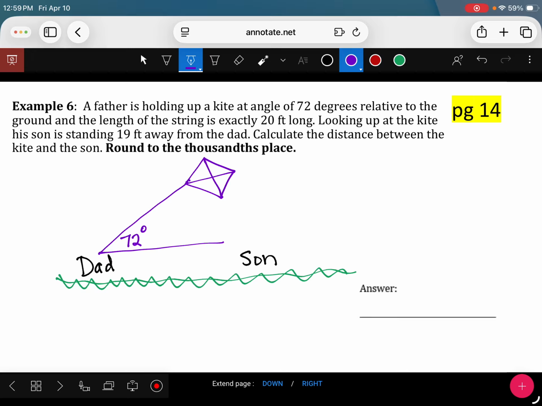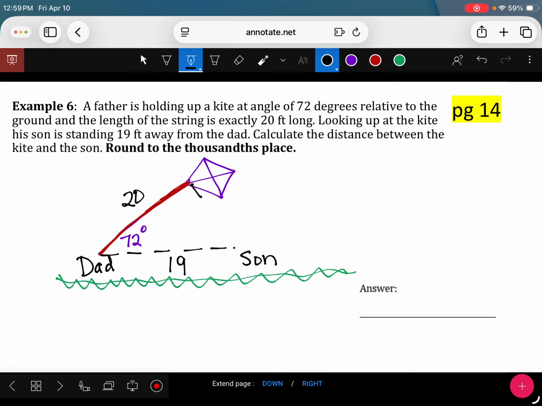The length of the string, this red line, is 20 feet. And then it says that the son is standing 19 feet away. So this distance, I'll make it a dashed line, is 19.